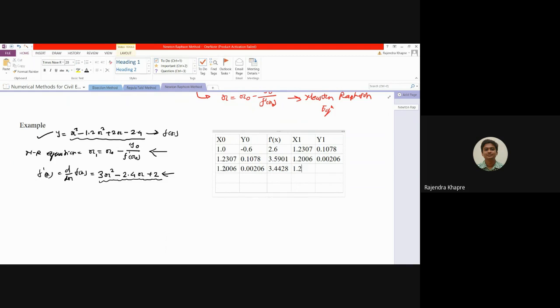Okay, and if you calculate the value of y1 for x1 as 1.2, I'm sure this will be 0. Please cross check. Is it 0?